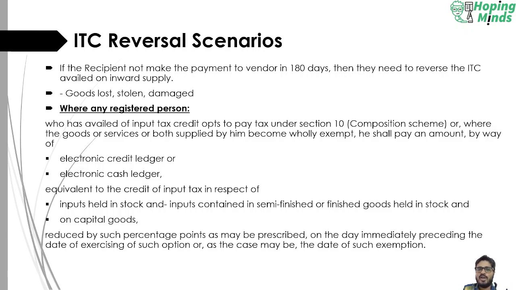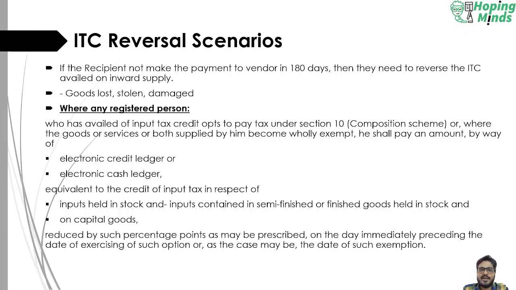So the moment 180 days lapses, I am required to reverse the input tax credit that I have claimed on such purchases. Once the input tax credit is reversed, it will still lie in the reclaim statement in my GST portal. So the moment I make the payment to the vendor, that is Mr. X, I can again reclaim the input tax credit reversed by me from the reclaim statement.